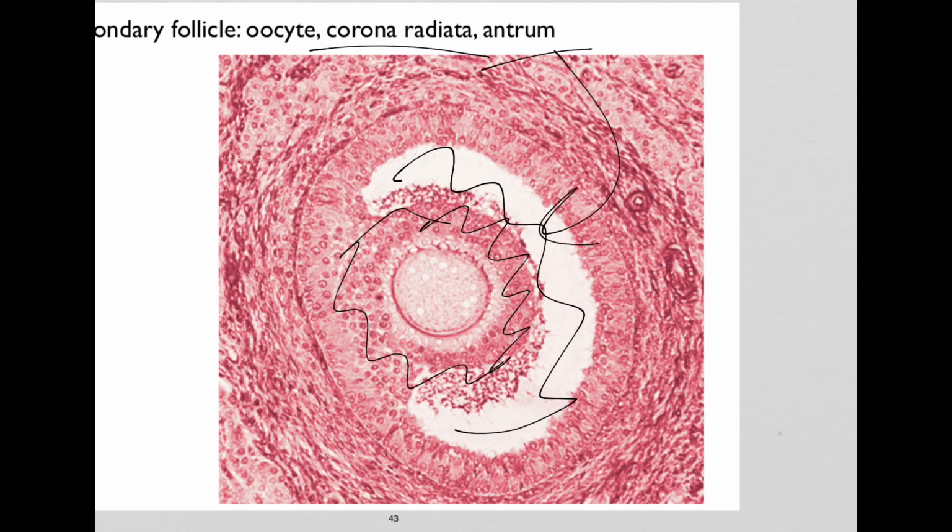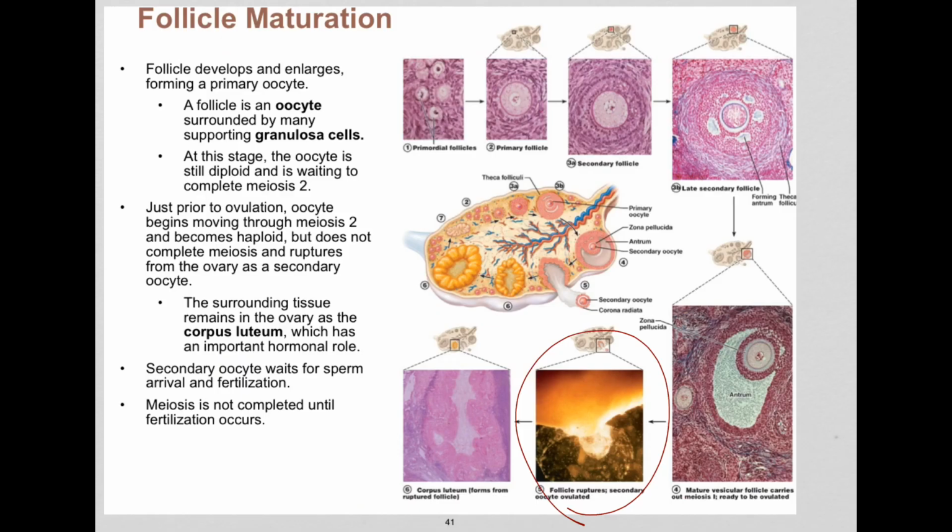And so the thing that's happening inside the ovary is the follicle's growing, the supporting cells around the oocyte are dividing to increase in number, and the oocyte itself is getting larger, and eventually it's going to start moving through meiosis. And the whole goal is to prepare that follicle so that when the timing is right and you're ready for ovulation, the oocyte can burst out of the follicle, enter the uterine tube or fallopian tube, and be ready for fertilization. And that's what's happening here.